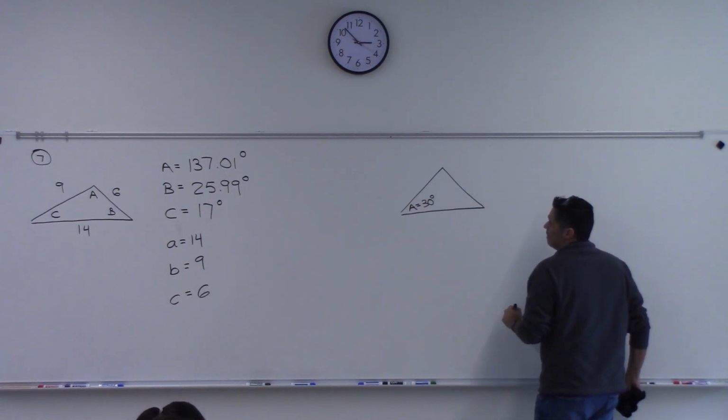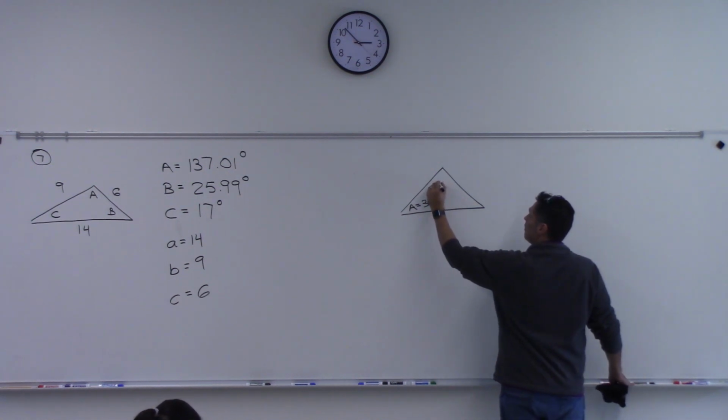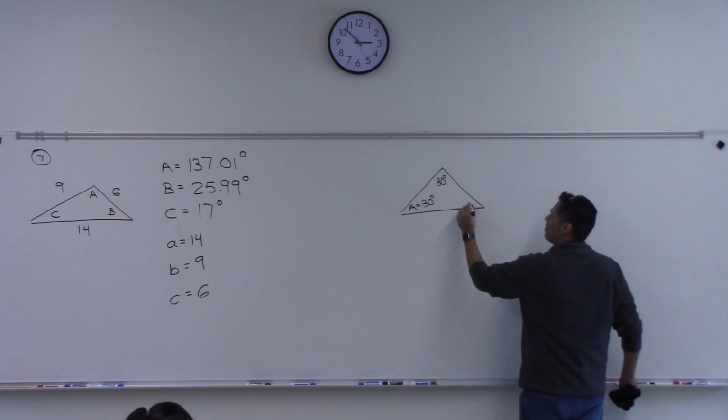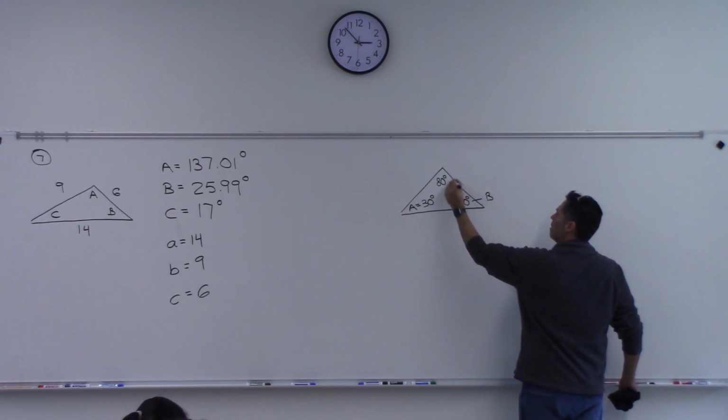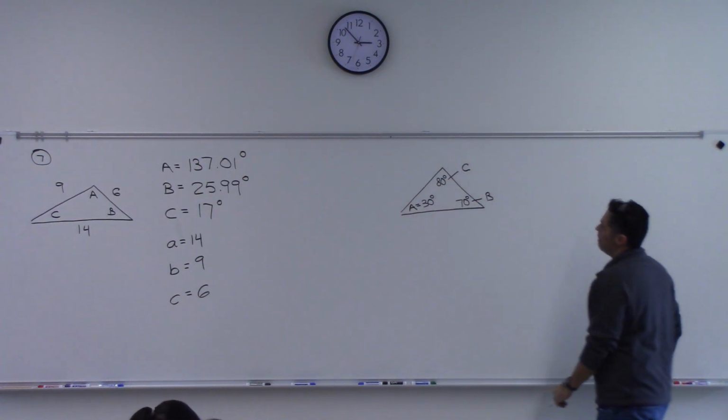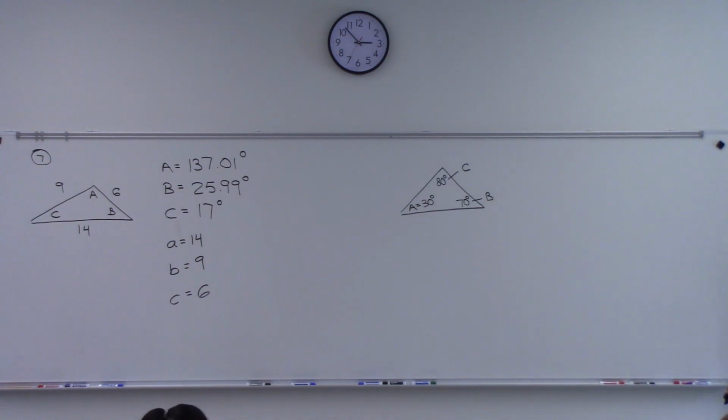Let's let this angle here be 80 degrees, and this angle here be 70 degrees. Let's make that one B. Let's make that one capital C. Can we solve the triangle?